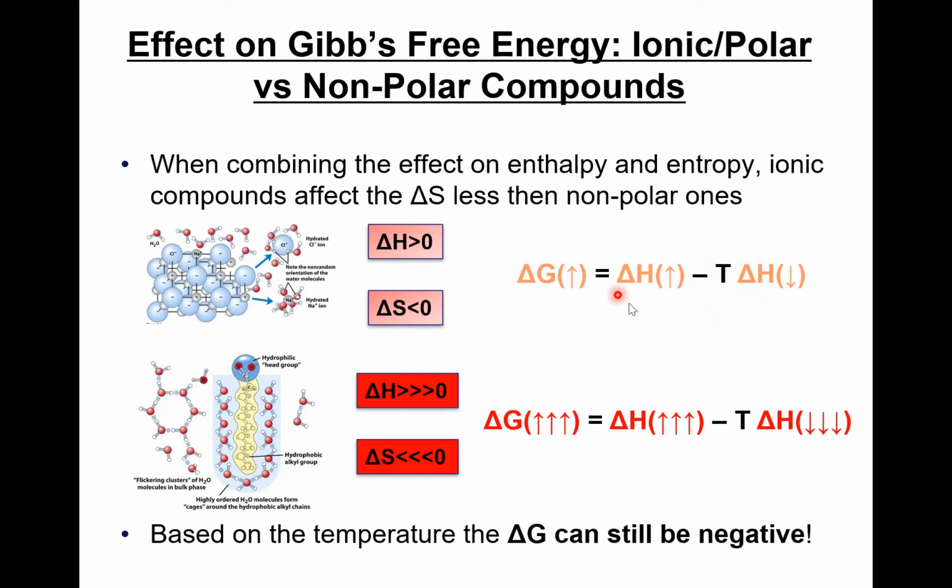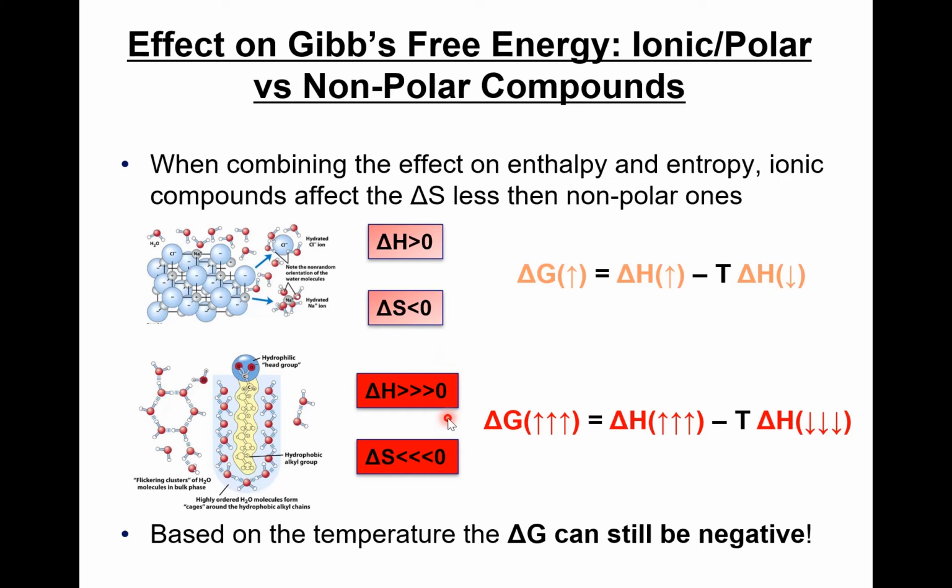But you can see how the smaller change in entropy and the smaller increase in enthalpy here causes an increase of delta G with polar and ionic compounds, which is less than what is caused by non-polar compounds, which increase the enthalpy much more dramatically and decrease the entropy. So this is an S again, much more dramatically than polar and ionic compounds.